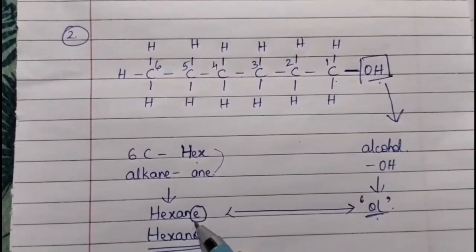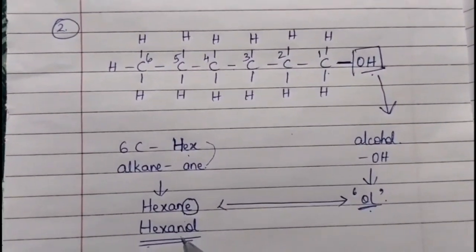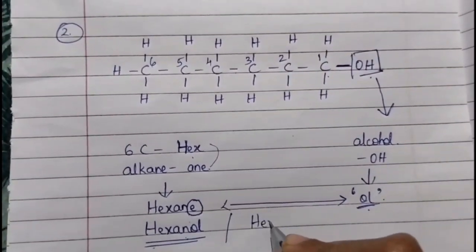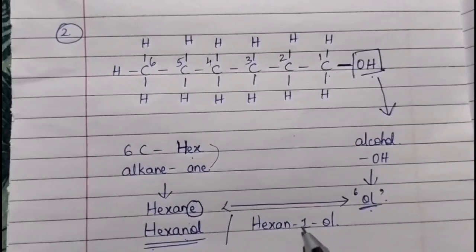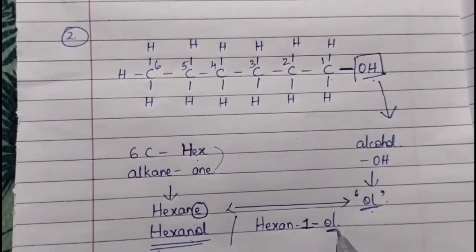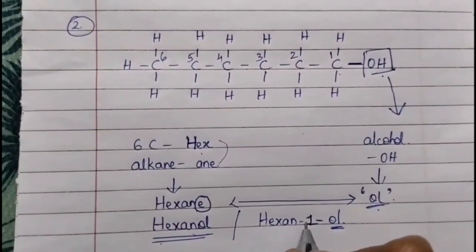So the E is removed in this case and the name is obtained as hexanol, or you can also name the compound as hexane-1-ol. That means the first position of hexane contains the OH functional group. So the name is either hexanol or hexane-1-ol.